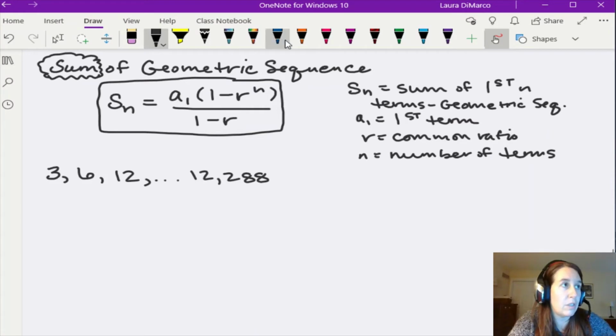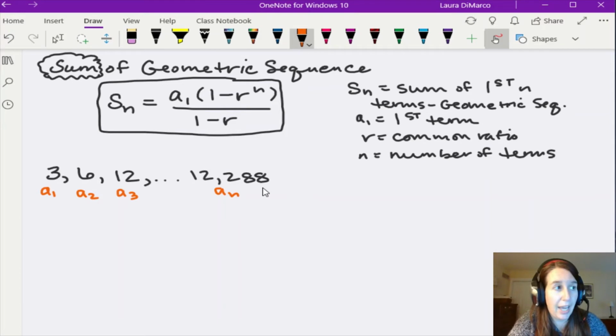So in other words, this is a sub 1, this is a sub 2, this is a sub 3, this is a sub n, because they didn't actually tell us how many terms we had. So we are going to have to find out what n is in this problem. So we are going to write this in summation notation, and then we're going to actually find the sum.